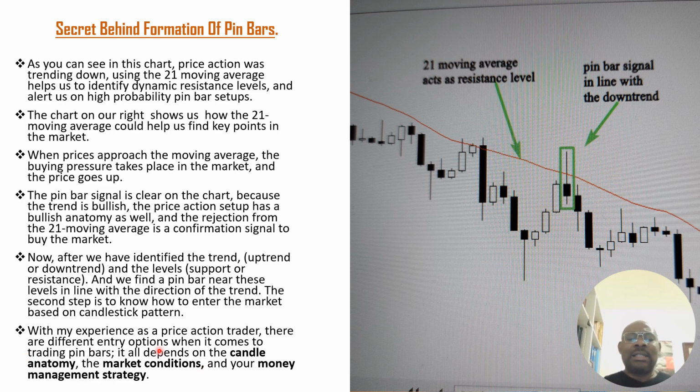With my experience as a price action trader, there are different entry options when it comes to trading pin bars. It all depends on the candle anatomy, which is the story behind the formation, the condition of the market at that point, and your money management strategy.